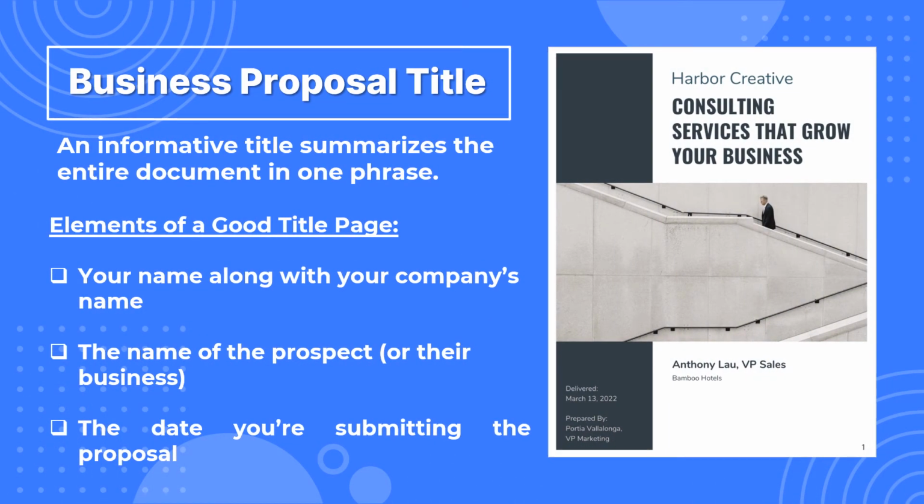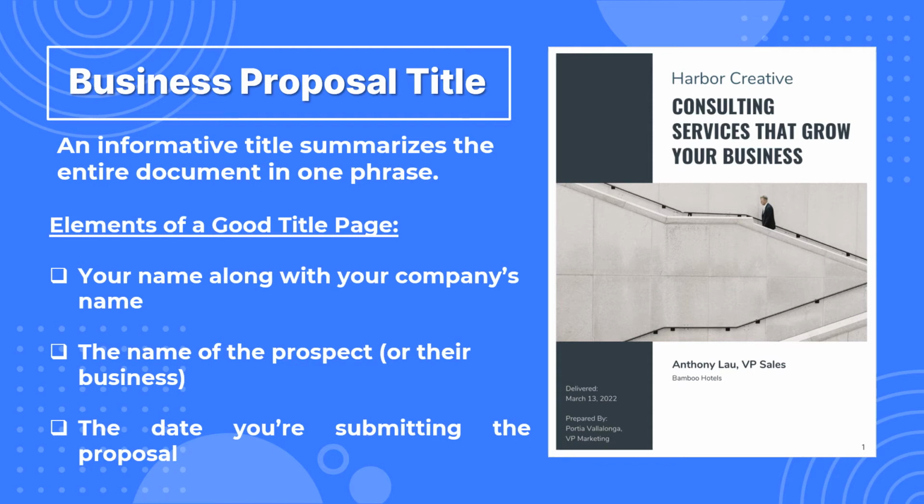The first part of a business proposal is the title. An informative title summarizes the entire document in one phrase. The reader should understand at a high level the actual benefit the proposal offers once they read it.